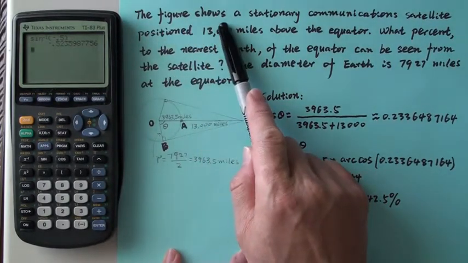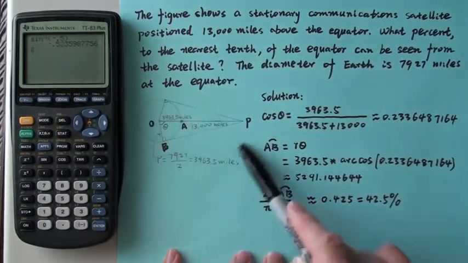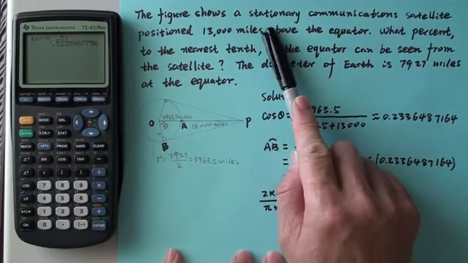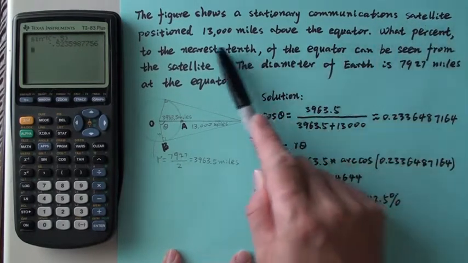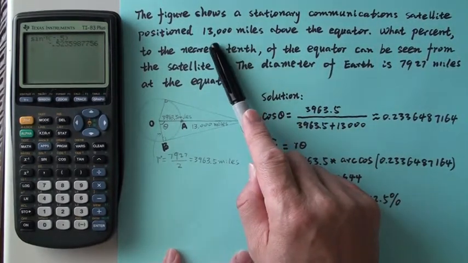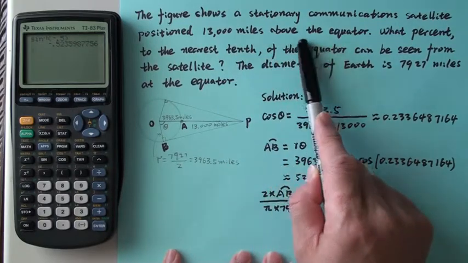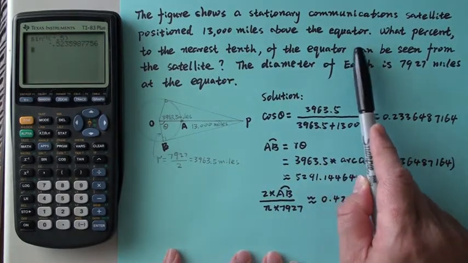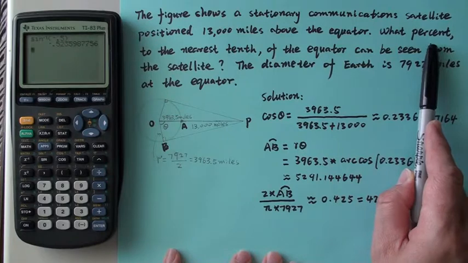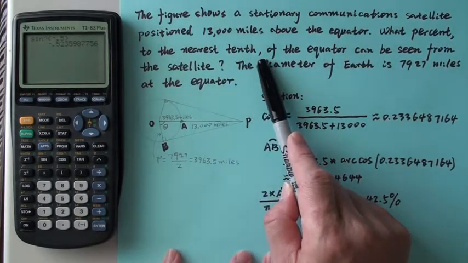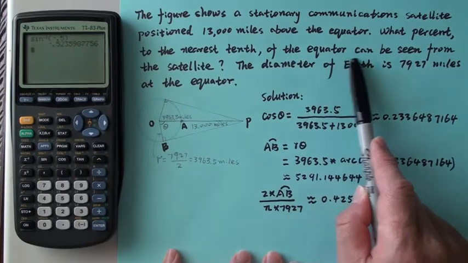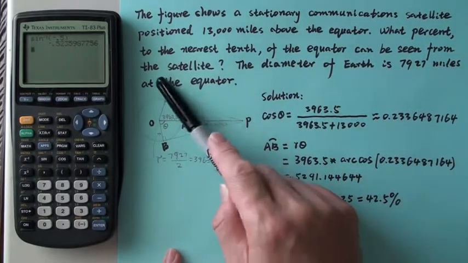The figure shows a stationary communications satellite positioned at 13,000 miles above the equator. Question: what percent, to the nearest tenth, of the equator can be seen from the satellite?